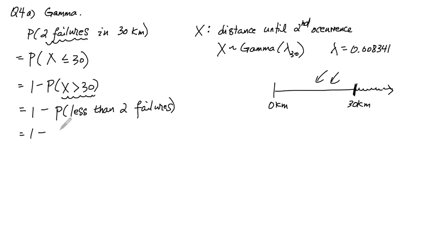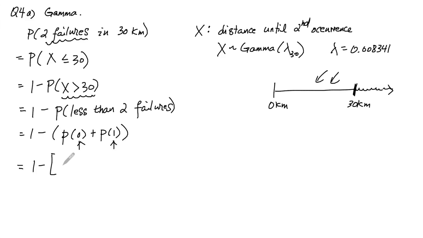So this is 1 minus the probability of getting 0 failures or getting 1 failure. These random variables now are discrete. They're the number of failures per 30 kilometers of distance. So these are Poisson now. Those probabilities are going to be 1 minus the probability of 0 failures.